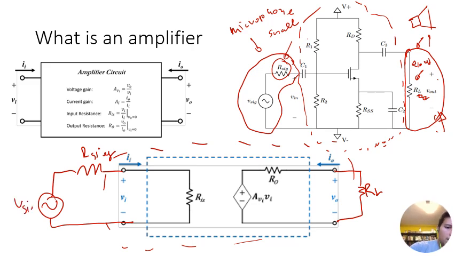V sig. And so typically we will define two different kinds of gains. What we define as Avo, or the open-circuit gain, is the gain that you would have when you assume that RL equals infinity, or RL is an open circuit.